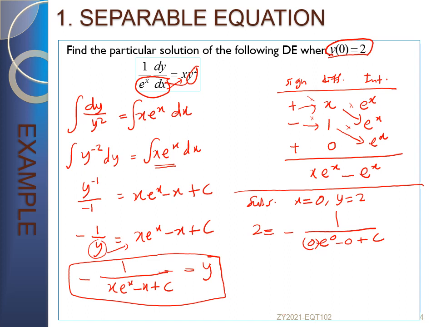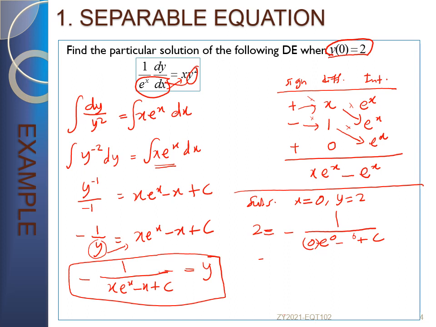So c must be equal to negative 1 over 2. Wait, this one is exponent 0, right? Exponent 0 here.